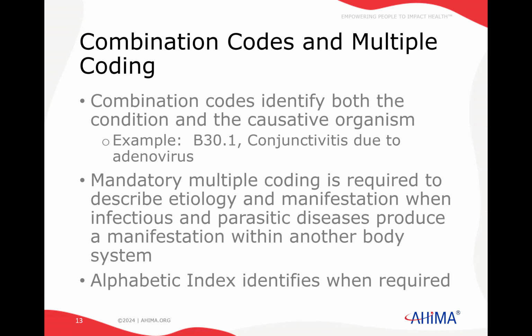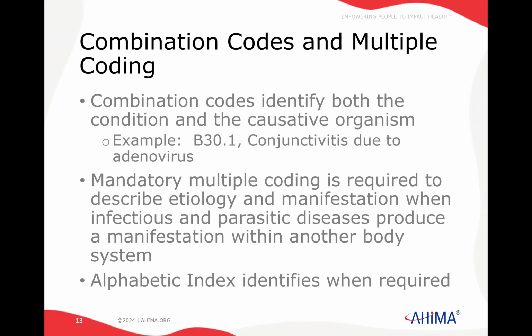Combination codes, what we mean by combination codes, they identify both the condition and the organism that causes it. So in this example here, we have B30.1, conjunctivitis due to adenovirus. So in other words, this code B30 covers both the conjunctivitis and the microorganism.